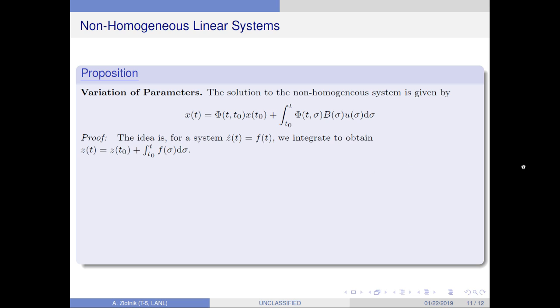And the idea here is that for a system z dot equals f of t, we can integrate to obtain the initial conditions plus the integral of f over the time evolution interval. Now, we can let z be equal to the inverse of the fundamental matrix times x of t. So x is the evolution of the dynamics specified by x dot equals Ax, the homogeneous system, starting with the initial state z of t.